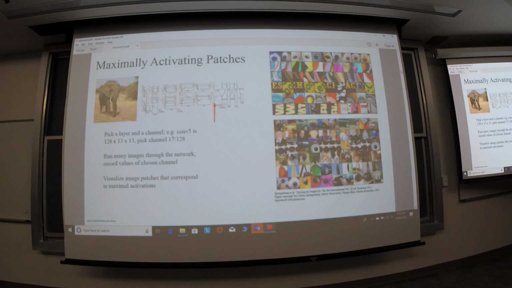We could see that for the 17th feature map, it's mostly the circular objects in the input, or patches containing circular objects or curved lines, that lead to the activation of that feature map. You can do this exercise for any other feature map in any layer, and see what information leads to the activation of that feature map.